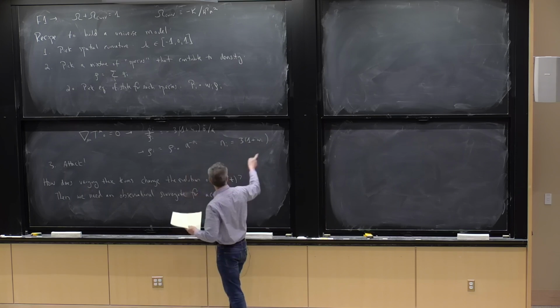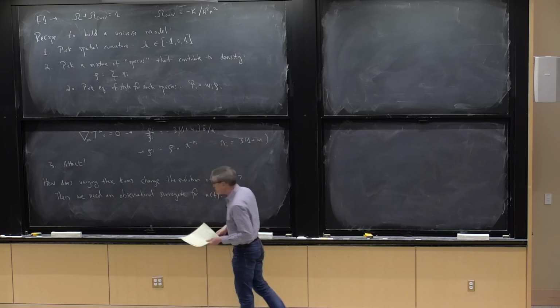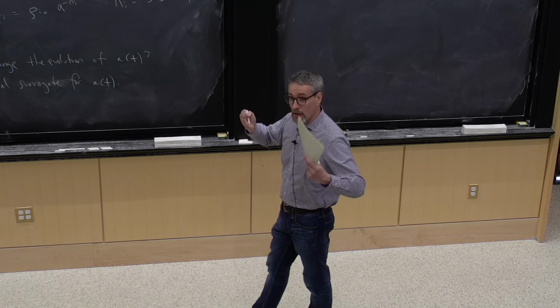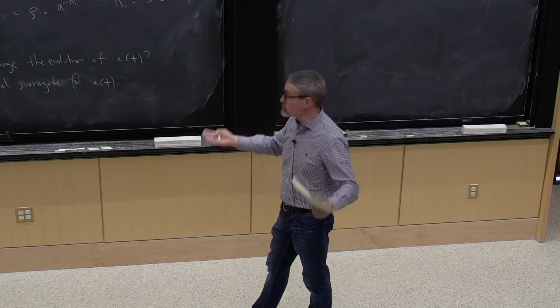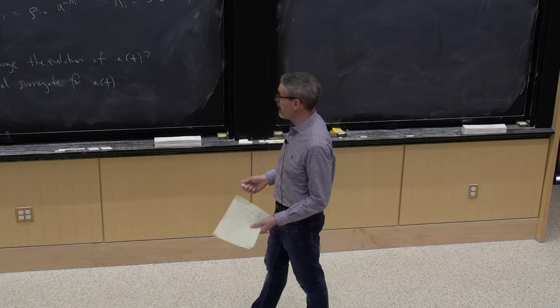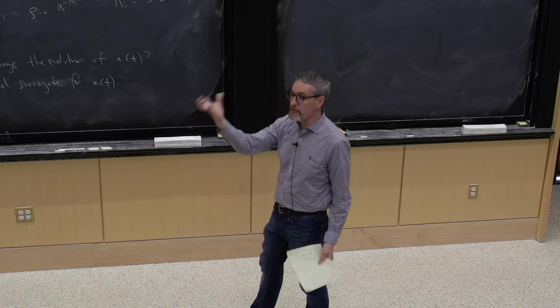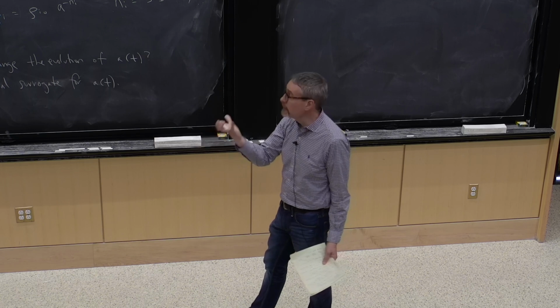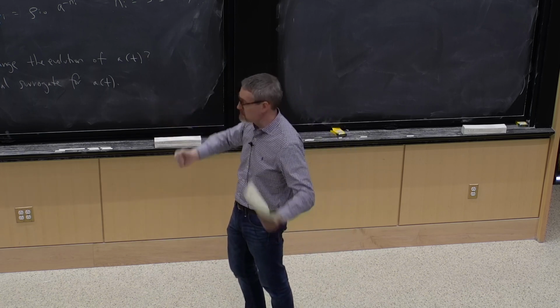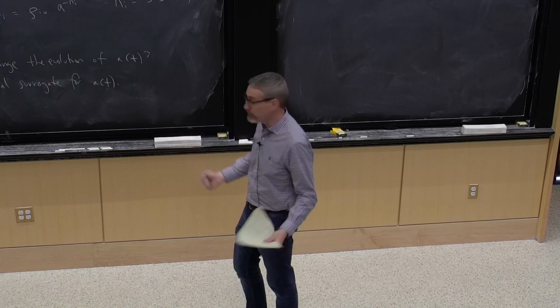For matter, which had an equation of state parameter of 0, what we found was that the density associated with that matter just fell as the scale factor to the inverse third power. That's essentially saying that the number of particles of stuff is constant, and so as the universe expands, it just goes with the volume of the universe.